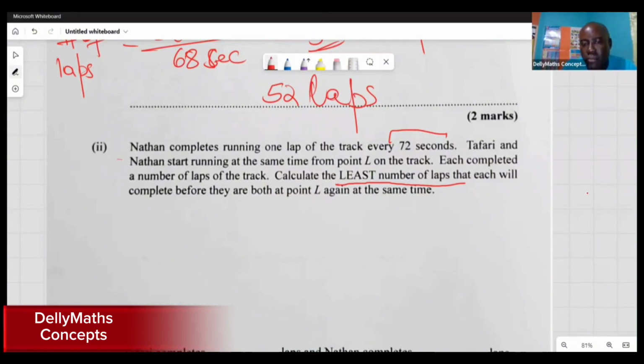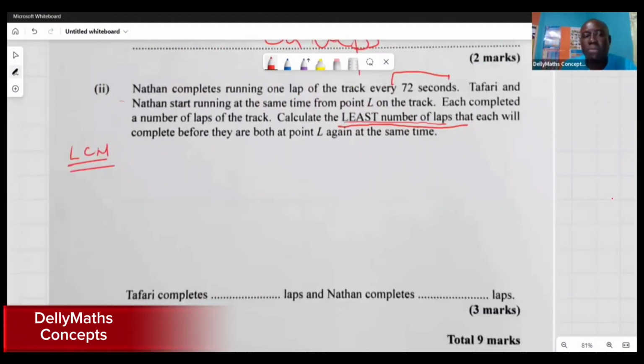The key word was the least number of laps. This ties in with what we call LCM, the lowest common multiple. So in other words, we're going to compare their laps, finding the lowest common multiple of each. Well, the lowest common multiple of 68 and 72, that's what we're working on here.